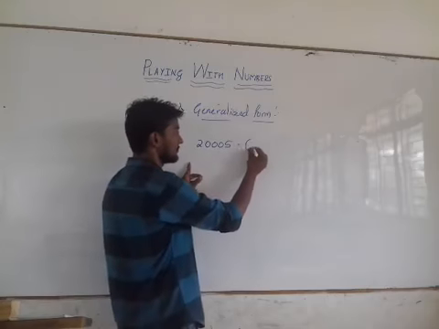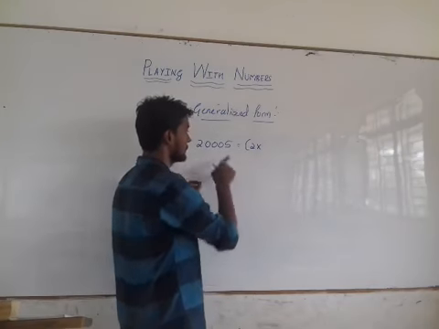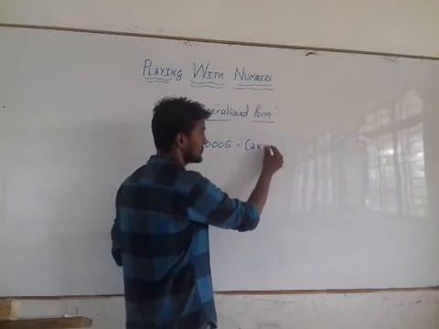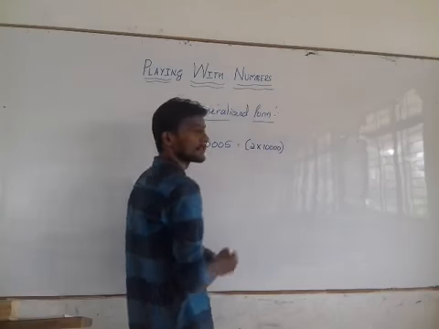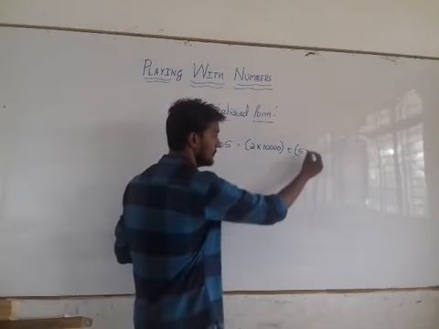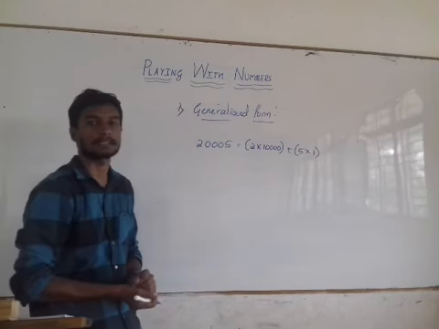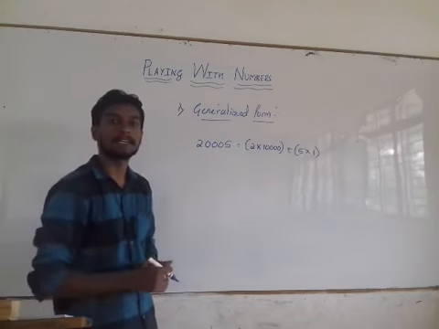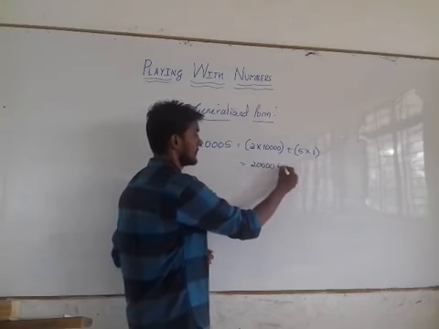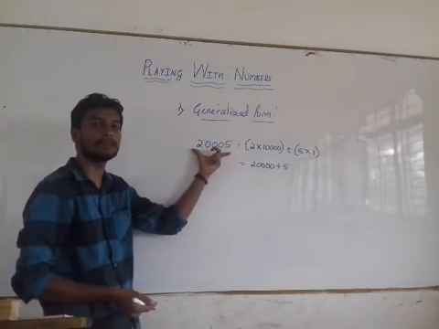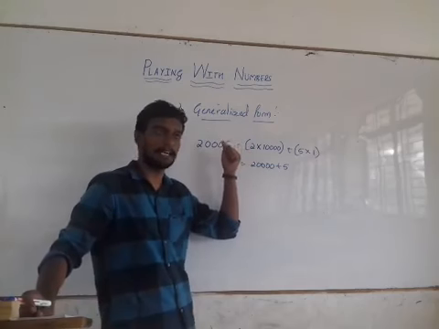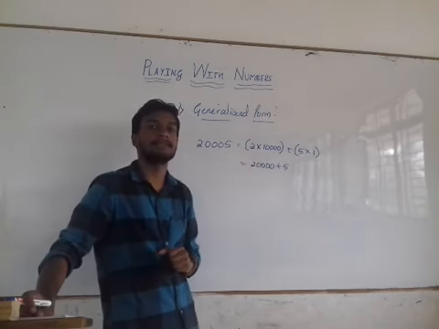So if you skip the zeros, 2 is in the 10,000 place, so 2 into 10,000, plus 5 in the unit place, so 5 into 1. That's all. This is the answer in the expanded form. So 2 into 10,000 is 20,000 plus 5 into 1 is 5. If you add these two, you get 20,005. This is a way of writing a given number in the generalized form.